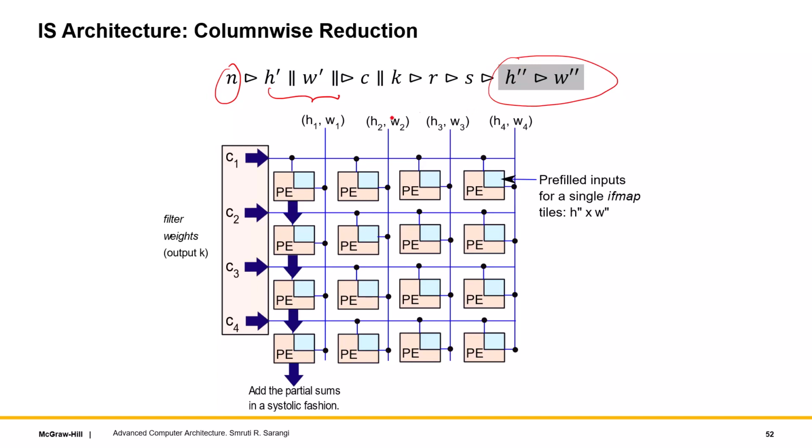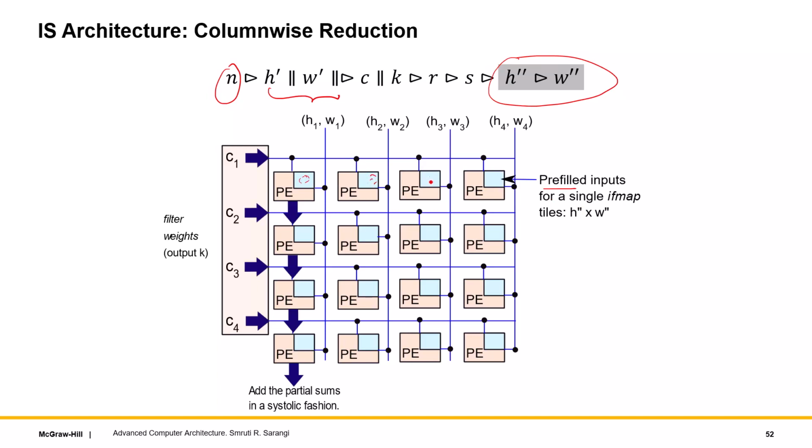And then for a given input channel, we keep a chunk stationary. Let's say this is input channel C1. So we keep a chunk stationary over here. Just read this: it's pre-filled inputs for a single IF map tile. So for a single tile, we keep it stationary like this.